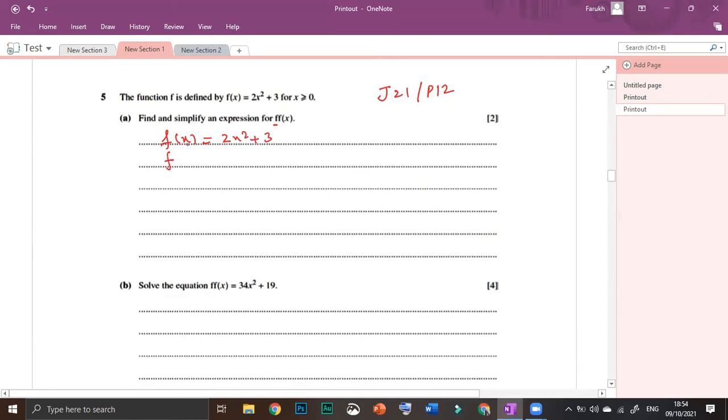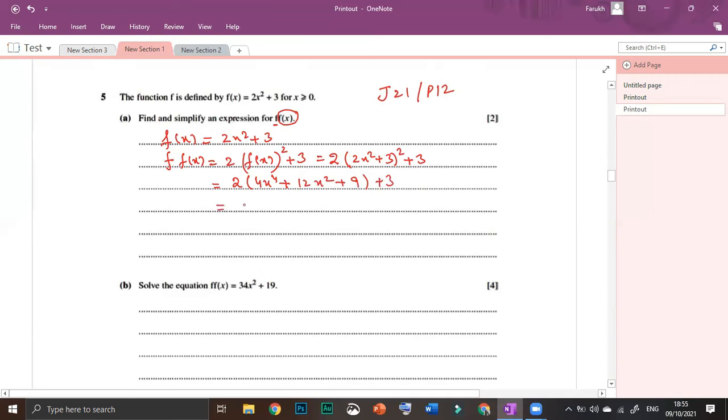Now I will replace this x with this f of x. So ff of x is equal to 2 (f of x) whole square plus 3, which is equal to 2 (2x square plus 3) whole square plus 3, which is equal to 2 (4x power 4 plus 12x square plus 9) bracket close plus 3.